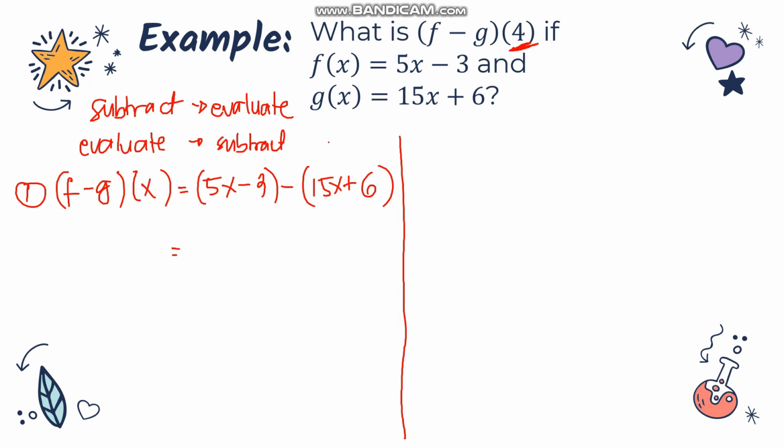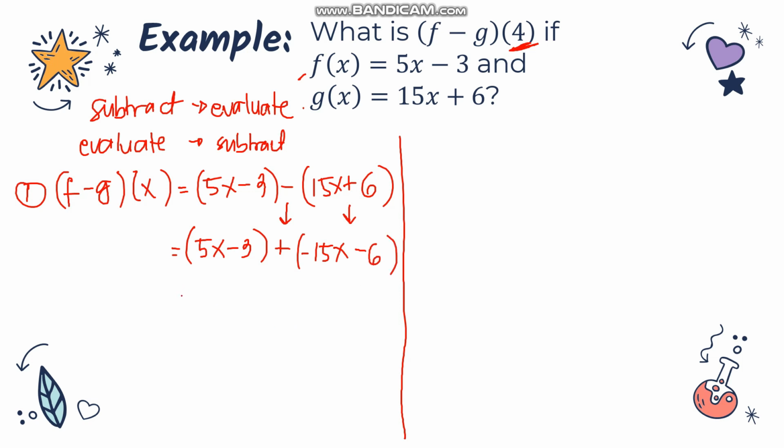Copy the minuend, change the operation to addition, and then change the sign of the subtrahend. The minuend here is the f of x, and the subtrahend is the g of x. So copy 5x minus 3. Now change the operation to addition, and change the sign of all the terms of your subtrahend. So we have negative 15x minus 6.